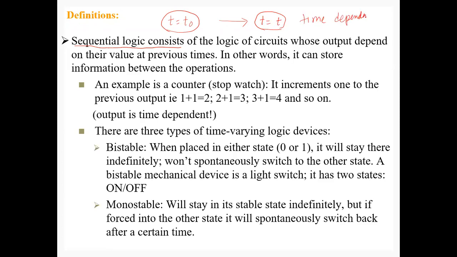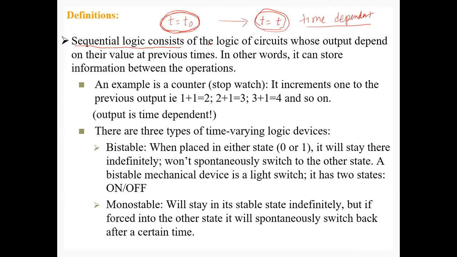So your output depends on time. Because it depends on time, it remembers the previous value, right? If it remembers the previous value, that's why our output at time t depends on the previous value. That's what I'm trying to say here.